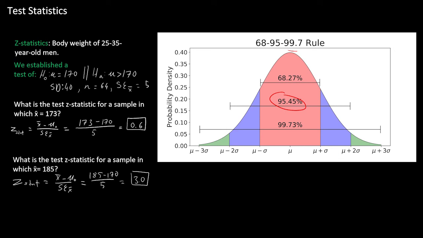If you don't know about this rule, the normal distribution is commonly associated with it, which you can see from this image here. If we start from the top, it's saying that 68% of the data is within 1 standard deviation of the mean, 95% of the data is within 2 standard deviations of the mean, and lastly 99.7% of the data is within 3 standard deviations of the mean.